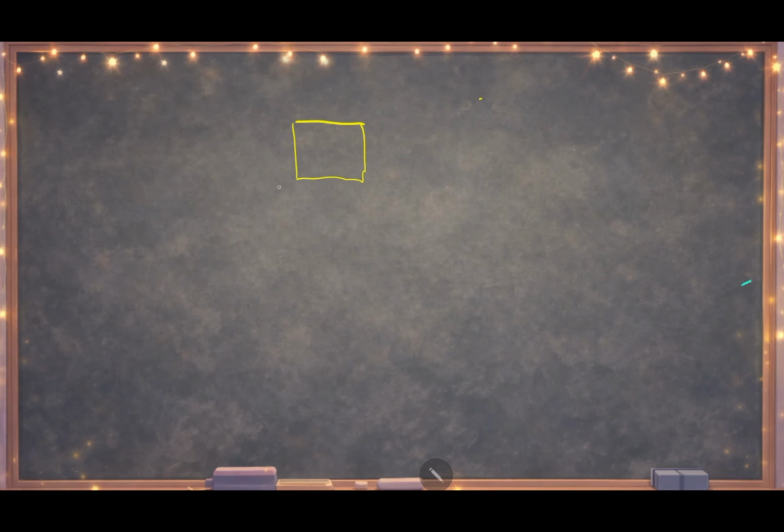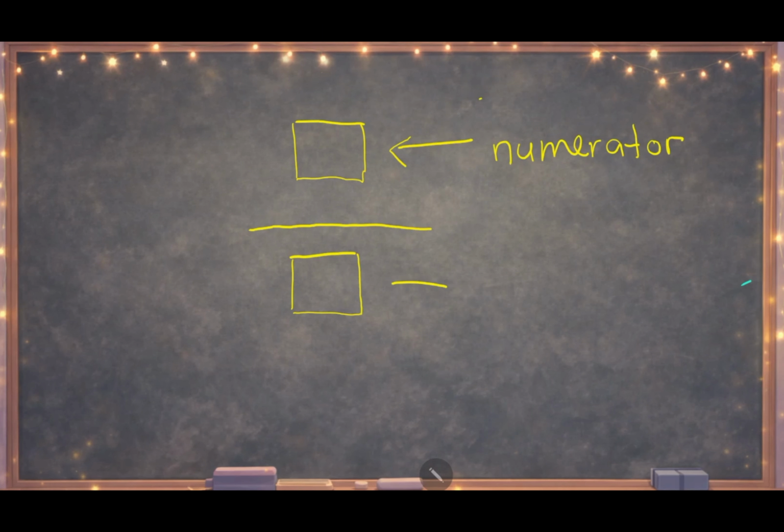We have a number at the top, and we have a line in the middle, and we have a number at the bottom. The top number is called the numerator, and the bottom number is called the denominator.